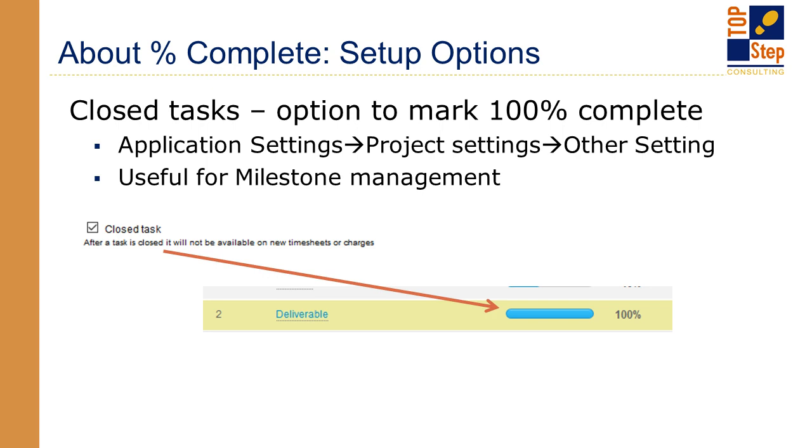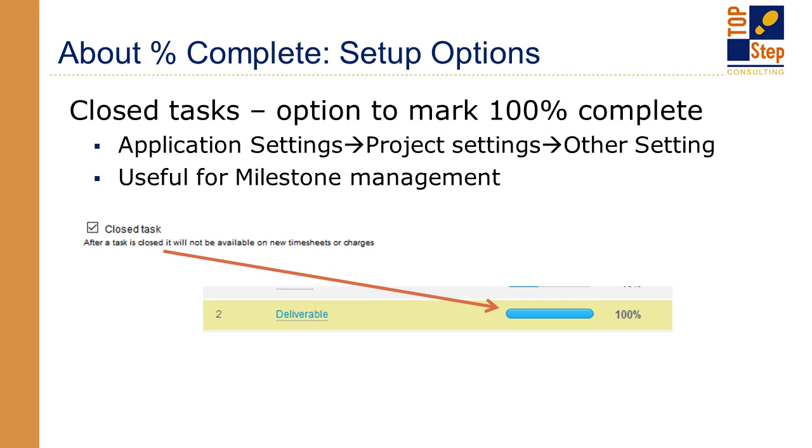With this setup, a project manager would close a task once the deliverable is complete, and then upon clicking save, the percent complete updates to 100% automatically. Assuming a billing rule is then set up to bill a fixed amount upon 100% completion of the milestone, the charge will be generated upon the next billing run.